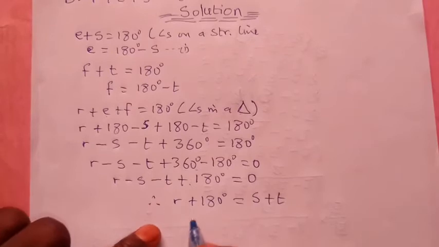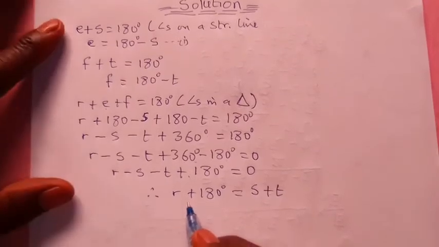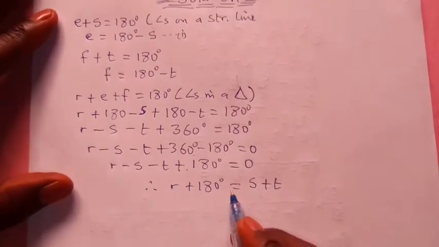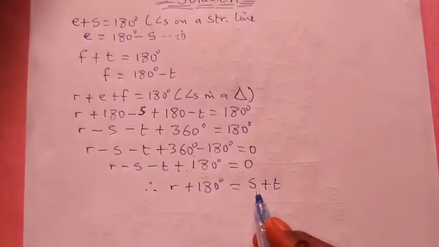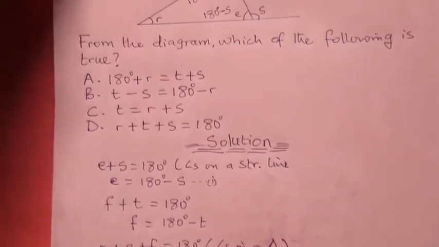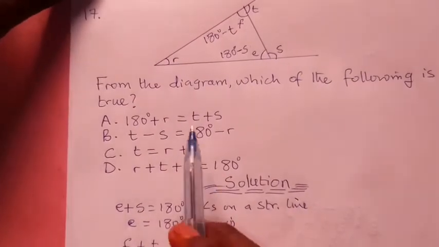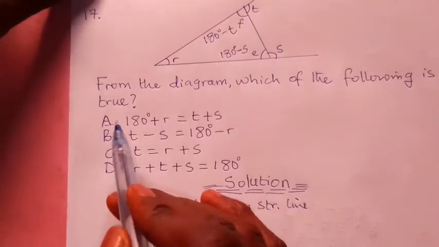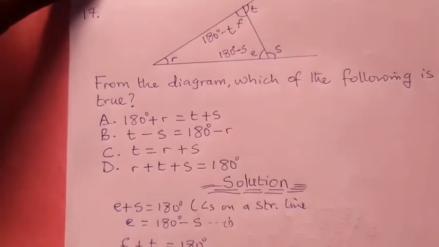T. So this is what we are going to have as our answer. r plus 180 degrees equals to what? s plus t, which now brings us to the options that we have here. Okay, you can see that A will now be the right option for this question.